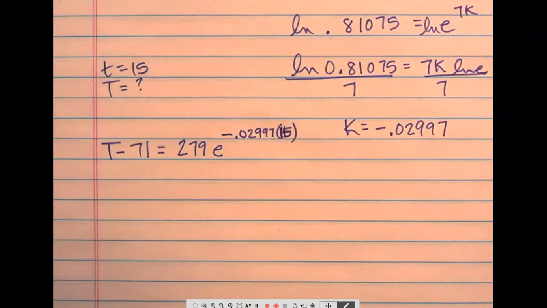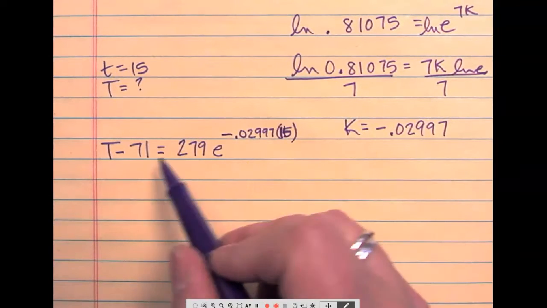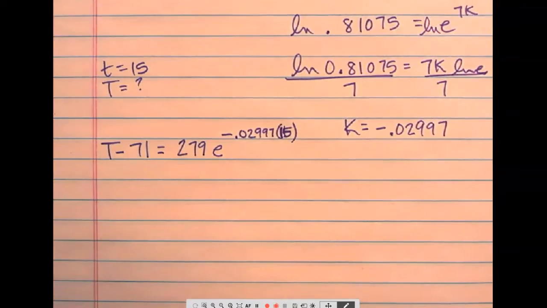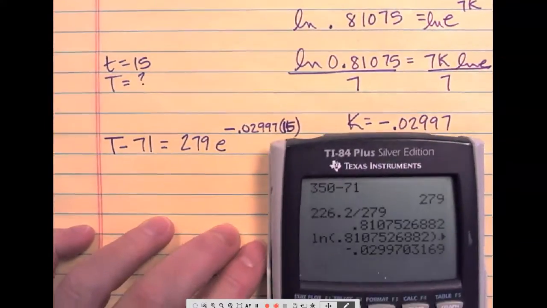Okay, so if you look at the right-hand side of this equation, there are no variables. So just type the whole right side in your calculator, get a number for this, and then add 71 over. So let's see what we get.